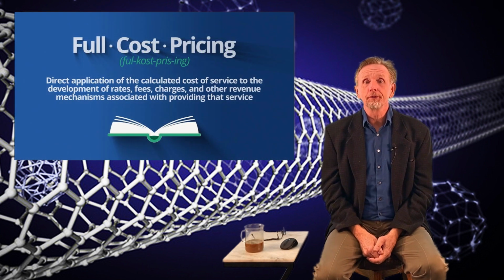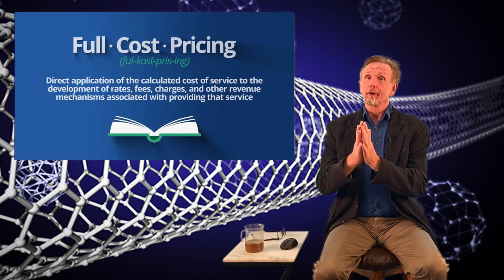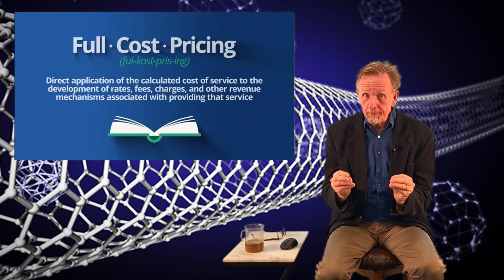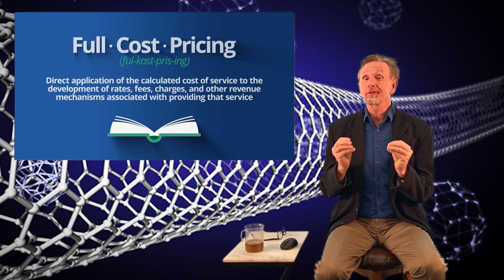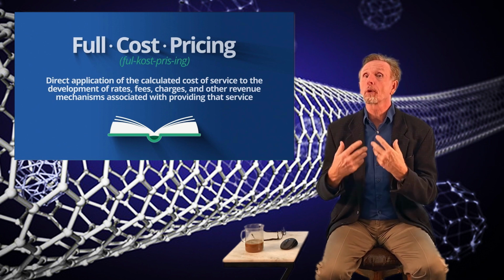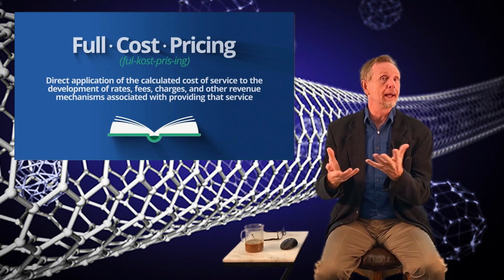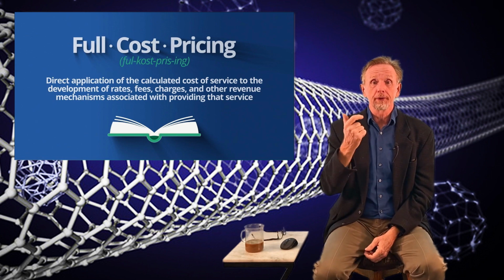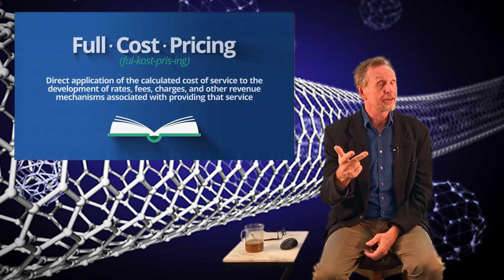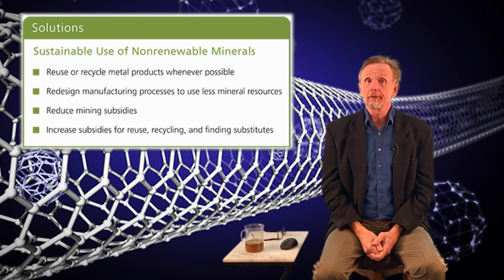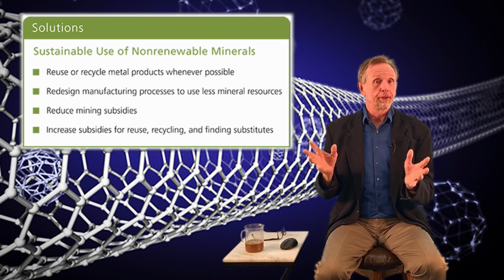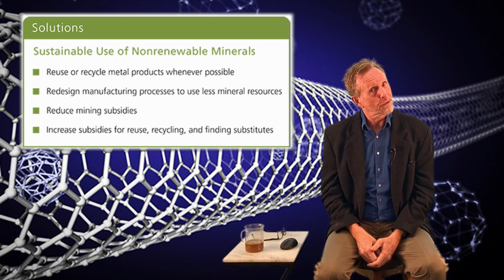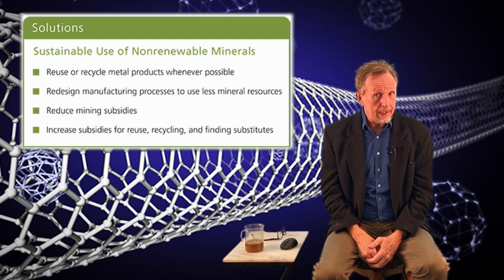We need to reduce some of these mining subsidies. So the subsidies are being paid. We don't need to just stop paying the subsidies, but we need to reduce the subsidies for mining, where we're paying the people to mine, and we need to increase the subsidies for reusing and recycling and finding the substitutes. Instead of paying the mining companies their taxes and giving all these breaks, we need to pay for the real price of whatever the metal is.